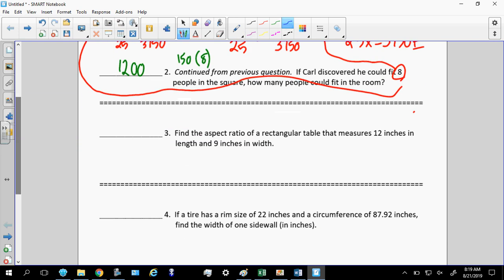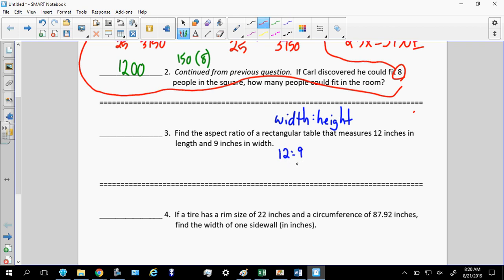All right, question number 3. Find the aspect ratio of a rectangular table that measures 12 inches in length and 9 inches in width. Now, this is an aspect ratio, which means your answer is going to have a colon. So it's going to be, if you remember, width, dot, dot, height, which is dot, dot is colon. So we start off with 12 colon 9, but it is going to be reduced.